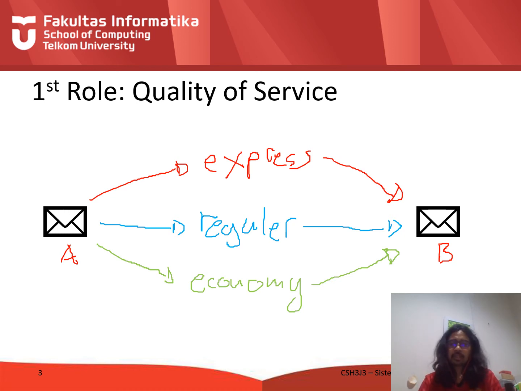The transport layer also has those roles. In the transport layer, there are two types of services that you probably know. The first one is UDP, and the second one is TCP. As you know, UDP is fast but unreliable.